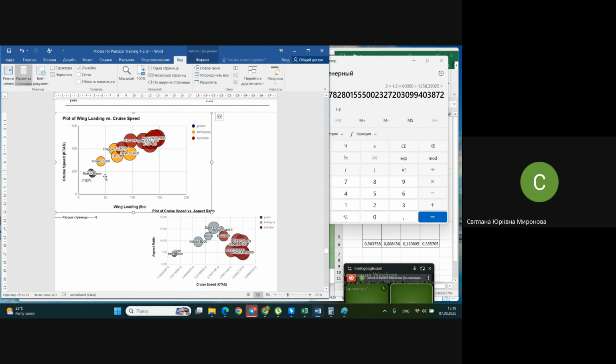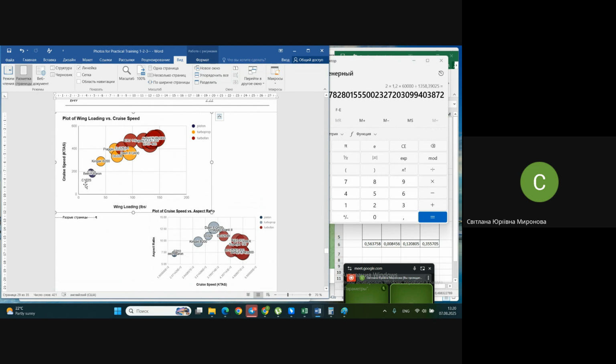And you see these values start, the lowest speed starts from the lightest airplane, the closest to zero. It's around 100 kilograms per square meter. It's not given here, but we will calculate it next.